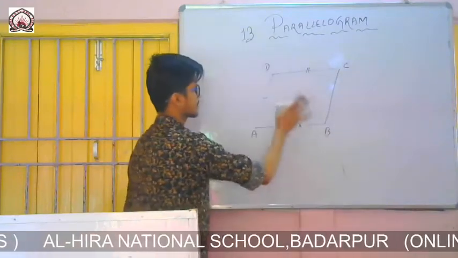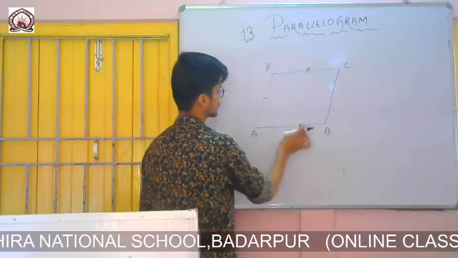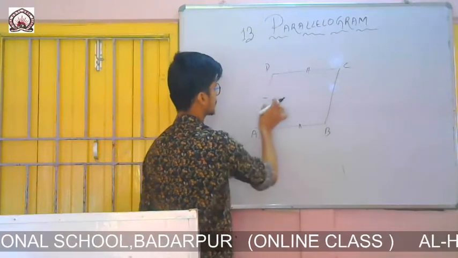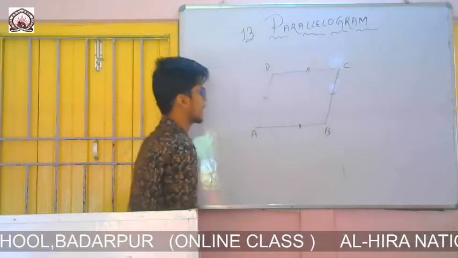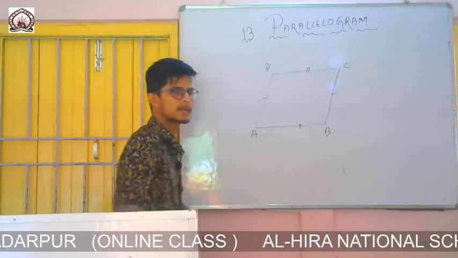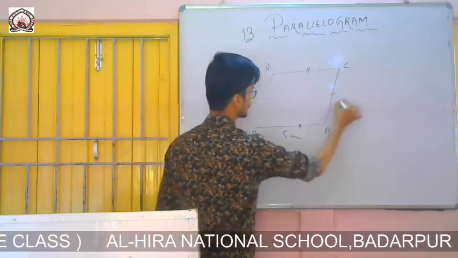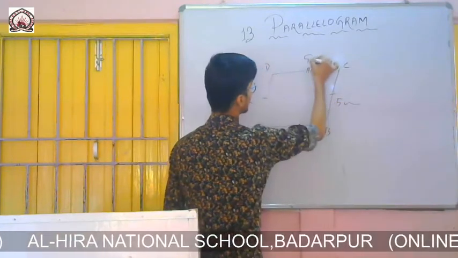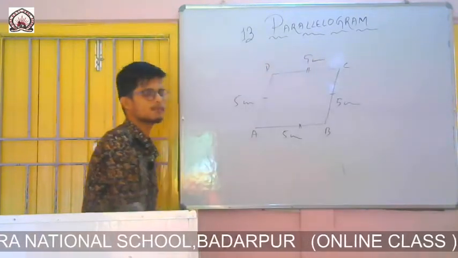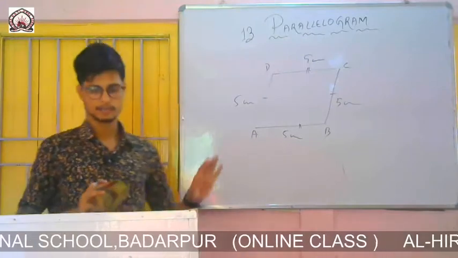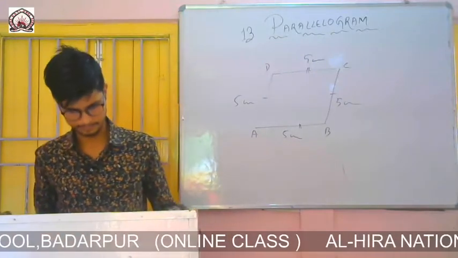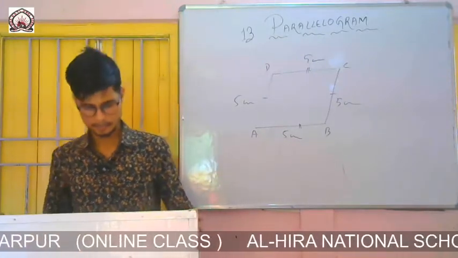Take this one as a parallelogram: you will find that this side is parallel to that one, and all four sides are equal. If this one is 5 cm, then this one is also 5, and this one also 5. All four sides are 5 cm each. That means all of them are equal.